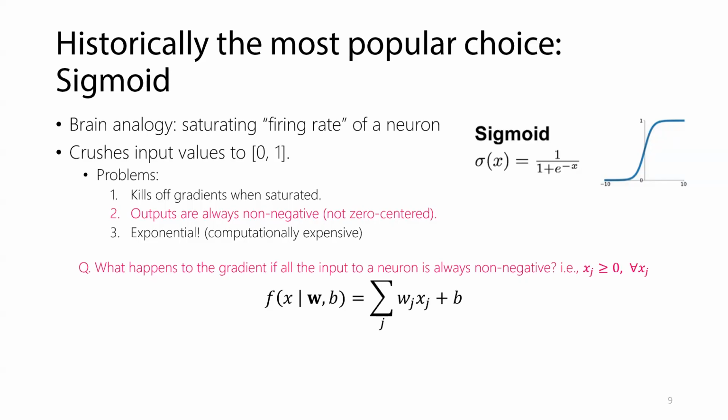Now, what happens to the gradient, not the function value, if the input to a neuron, the xj's, is always non-negative? So xj is greater than or equal to zero all the time.